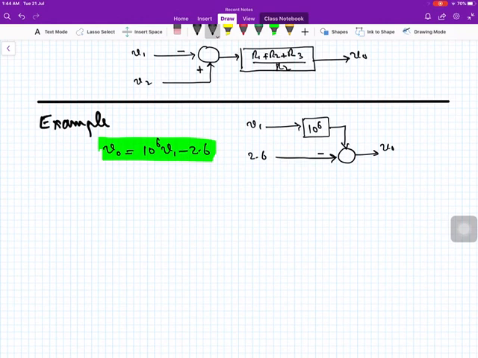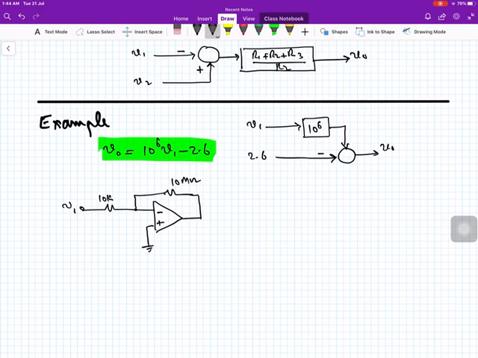Possibility number one, option number one, is that we have an operational amplifier, and this is voltage V1 and a resistance of 10K, and from here a resistance of 10 mega ohm, and then we have another operational amplifier, 1 mega ohm and 1 kilo ohm, going to the inverting input, and our output is over here. This is VO.